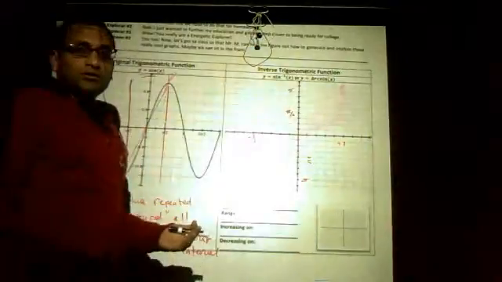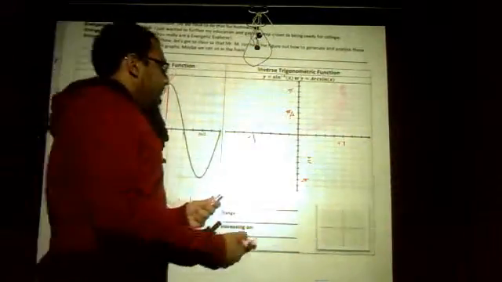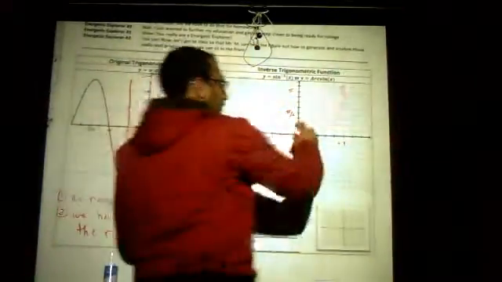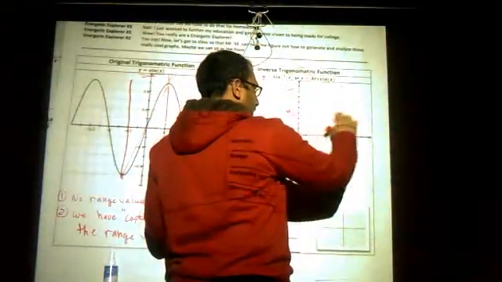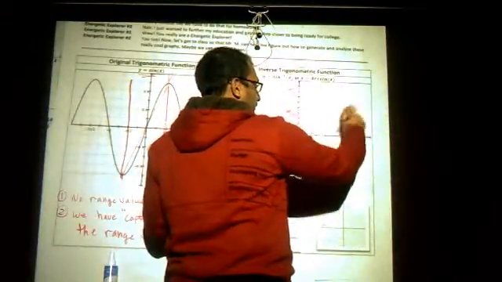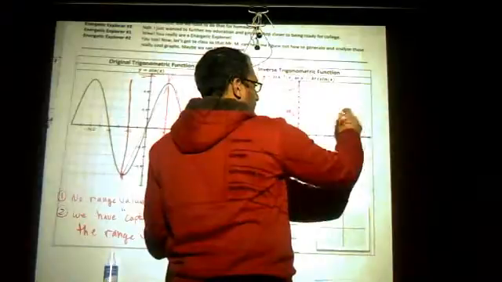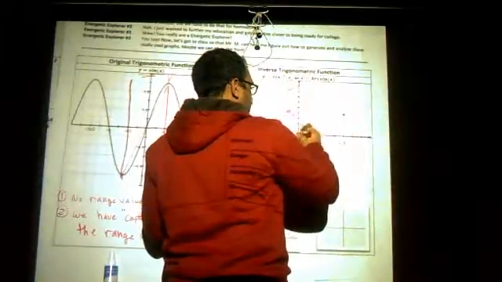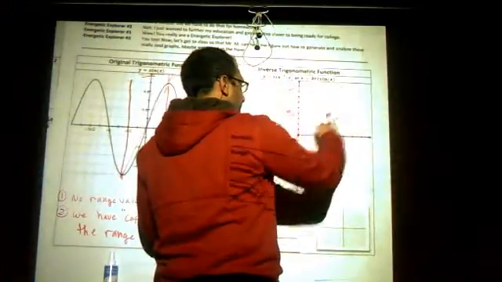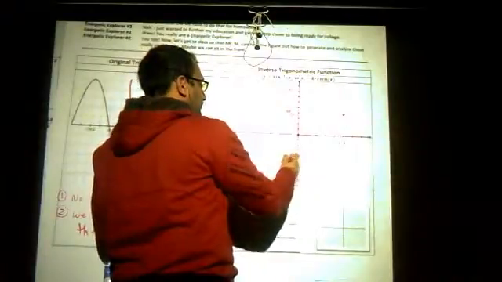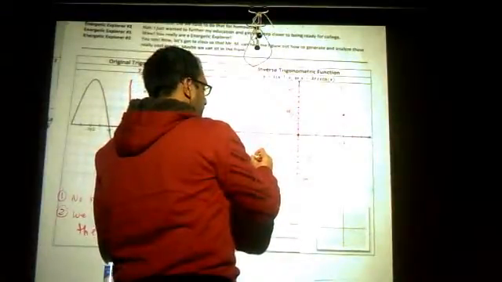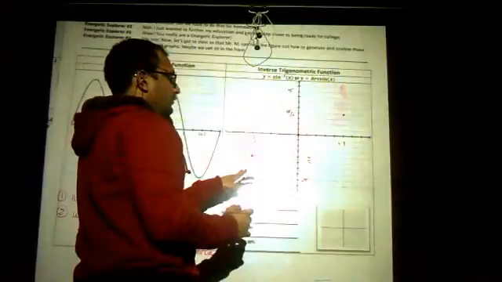So now I'm going to go ahead and graph the inverse sine function. I know that at pi over 2, the inverse sine is at a positive 1, and that at negative pi over 2, the inverse sine of x is at negative 1.